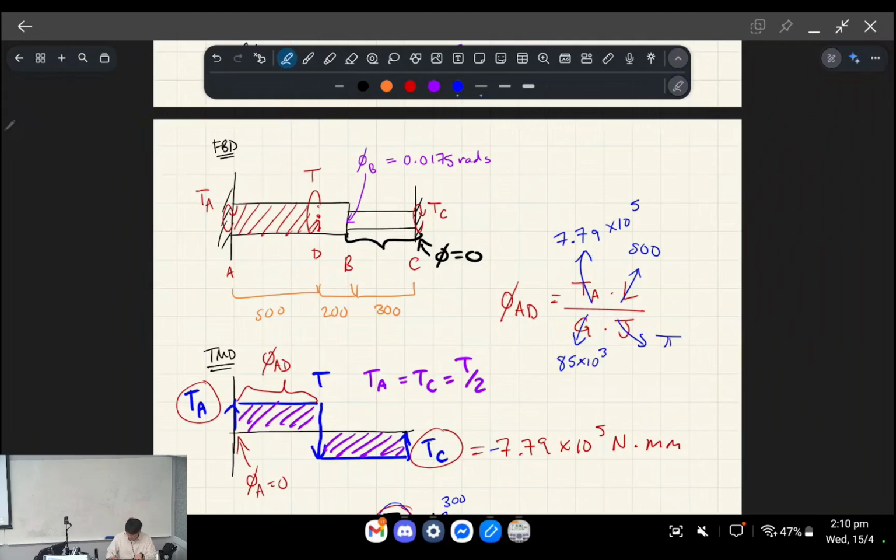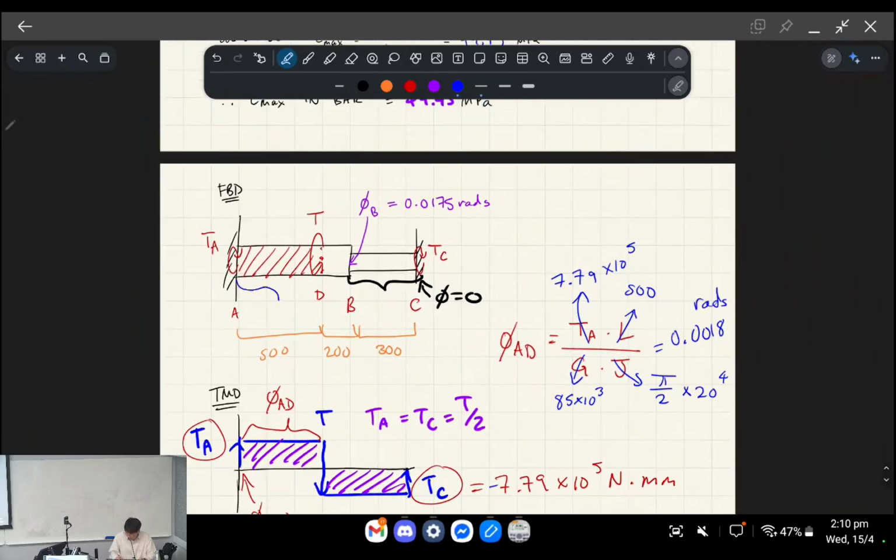J is pi on 2 times, this one has a radius of 20, to the power of 4. If I punch this into my calculator, assuming I typed it correctly, the answer is 0.0018. So that's the amount of radians that it's twisted from A to D, okay?